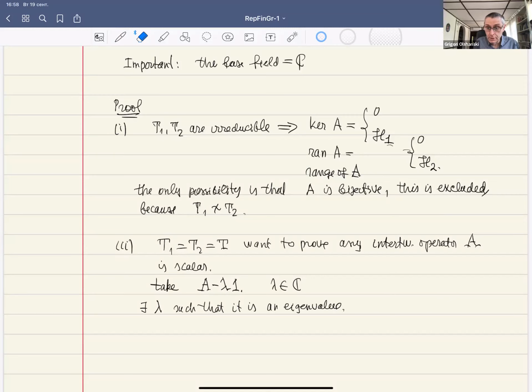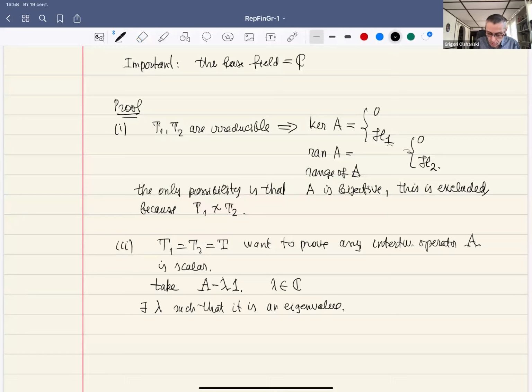And this invariant subspace should be trivial, either 0 or the whole space. But the zero case is excluded.